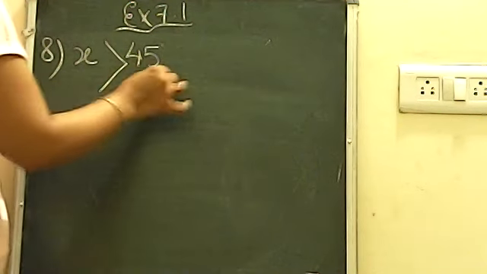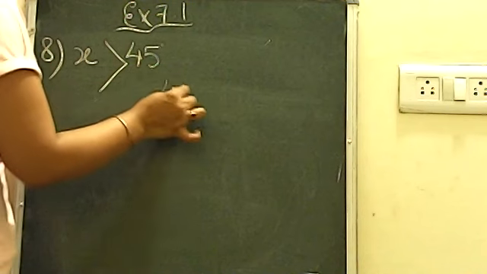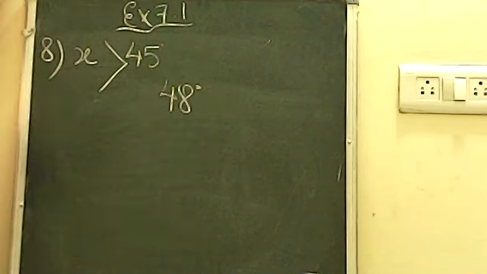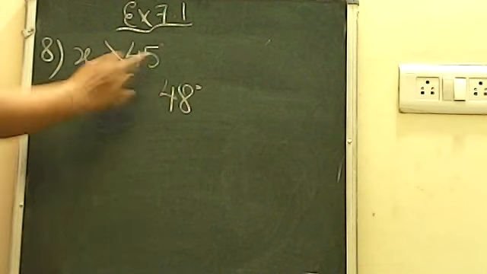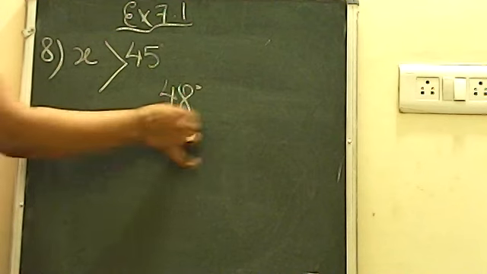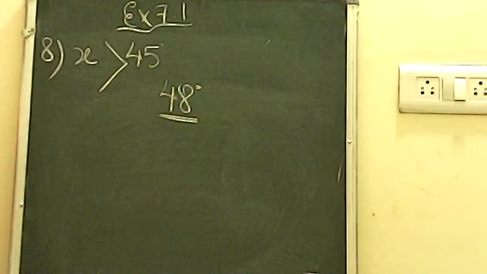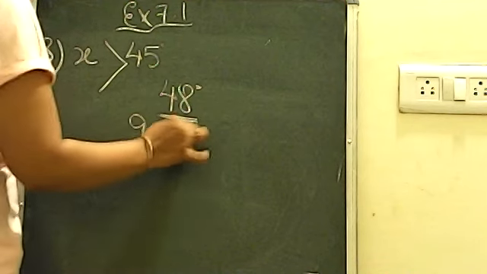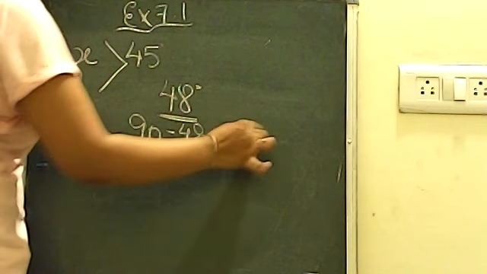So अगर हम इसका example suppose ले लेते हैं 48. Just example I took it. You can take any other angle, but it should be more than 45. So it is asking what will be the complement of 48. So 90 minus 48 means it will give you here 42.